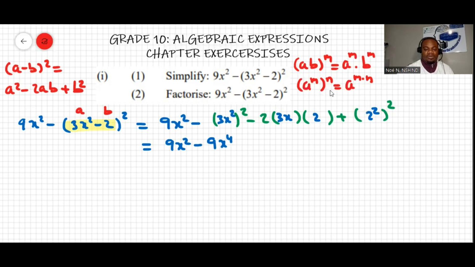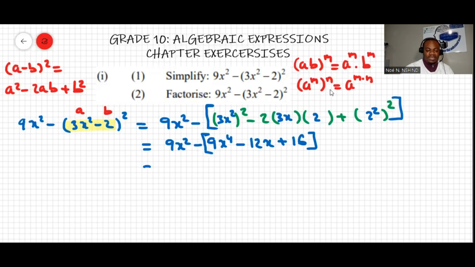That's the law applied. And then the minus, you need to be careful here because there's a minus. I prefer to put a square bracket like this. So minus what? 2 times 3x times 2, that makes 12x plus 2 squared is 4. 4 to the power of 2 is 16. Okay.